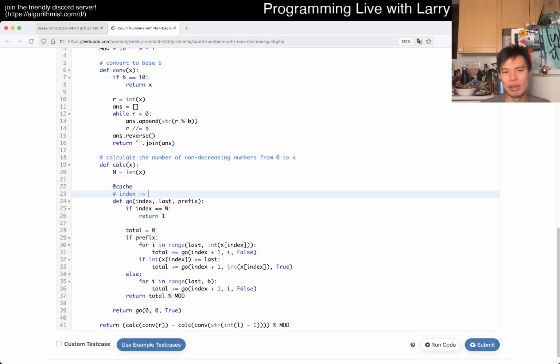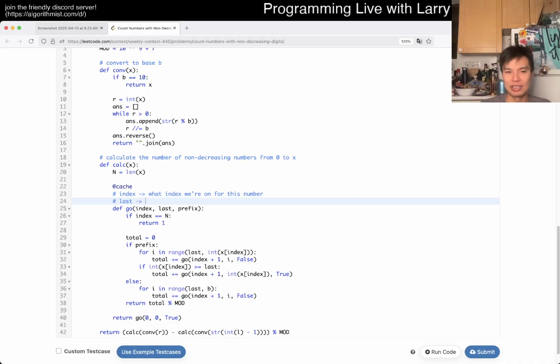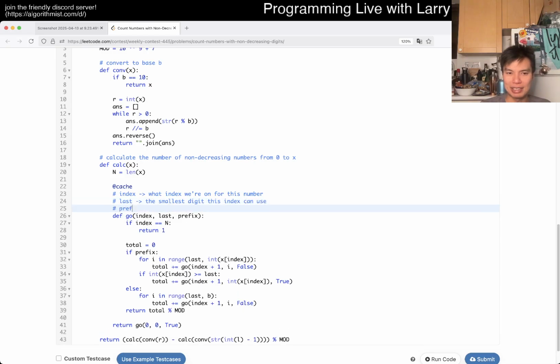Index is the index we're on for this number. Last is the last digit, or you could also say the smallest digit this index can use. And then prefix is whether we're still handling the prefix.